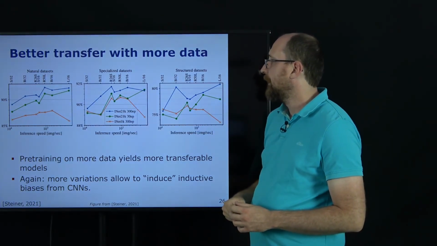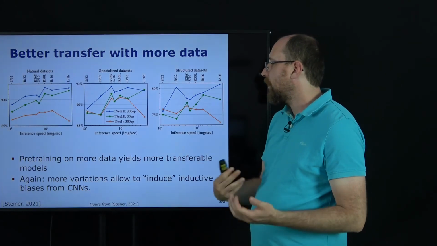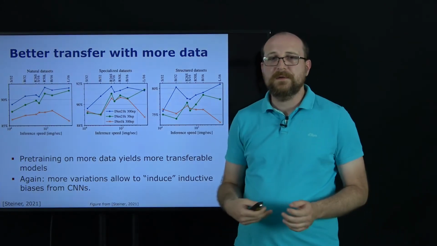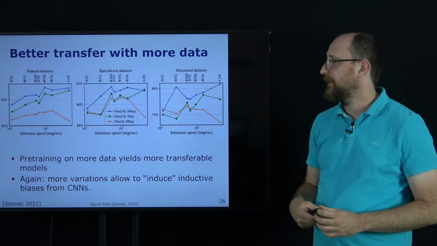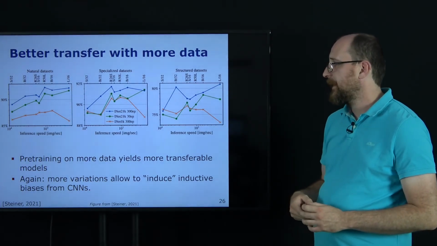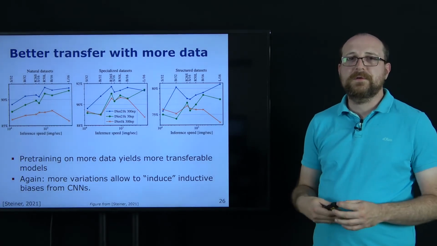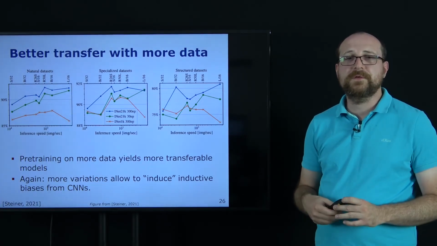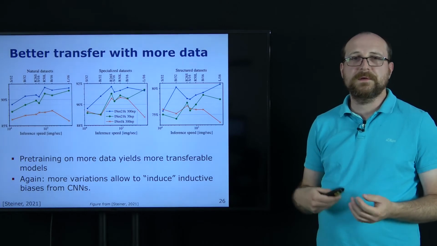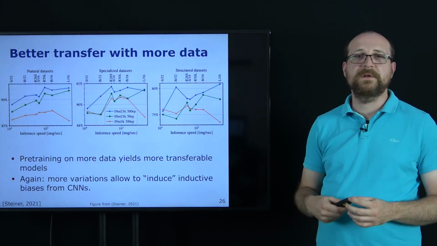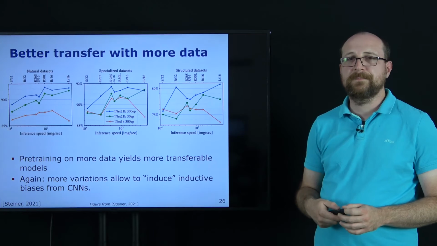So pre-training on more data yields in the end more transferable models. And maybe one explanation for this is that the transformer needs to see more variations to get the inductive biases that are maybe already present in the CNN.